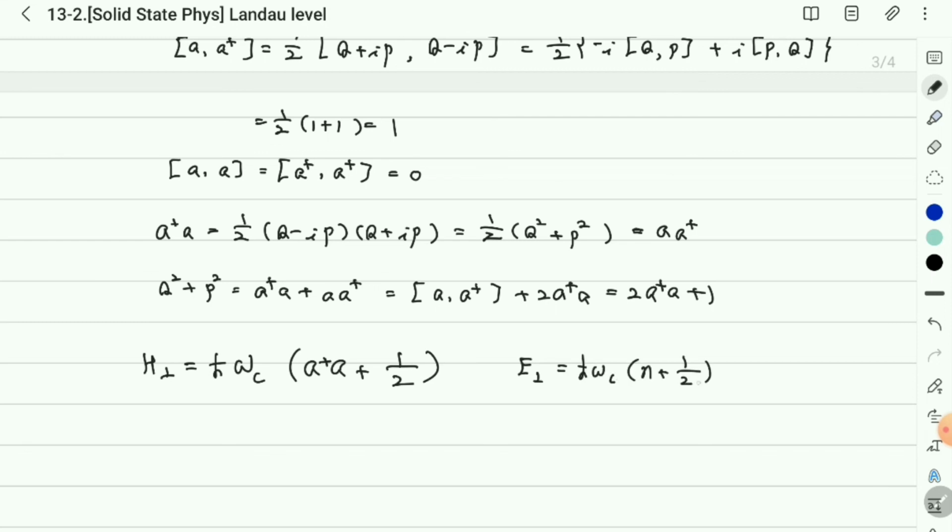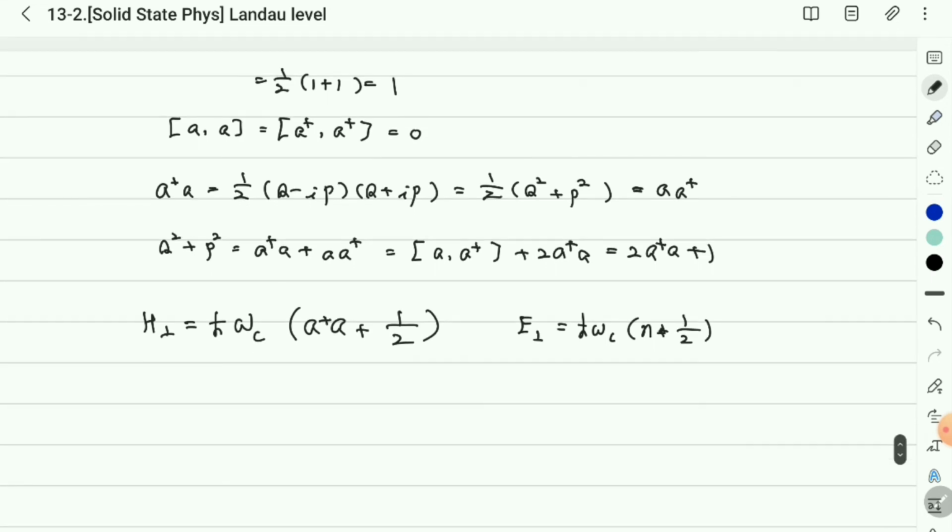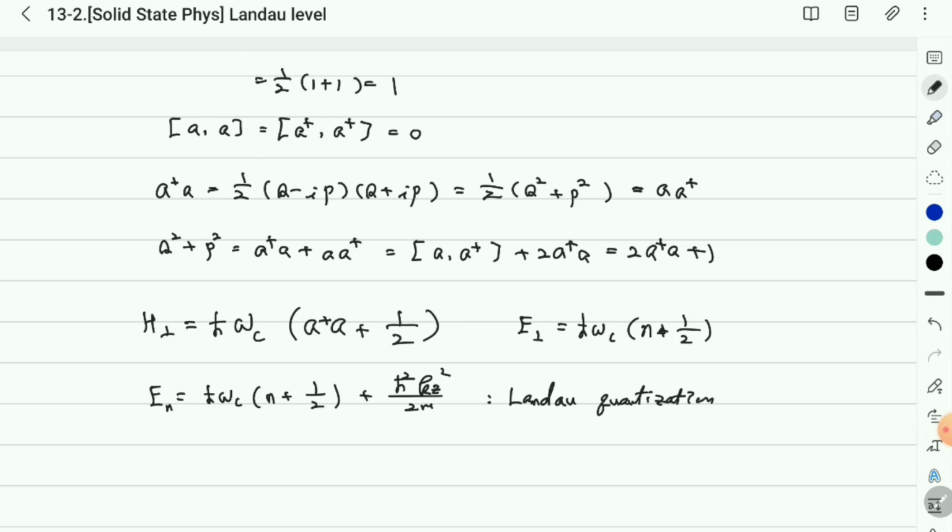It is a quantum mechanical description. Therefore, the energy is h bar omega c (n plus 1/2) plus h bar squared kz squared over 2m. We call this Landau quantization, and we call these the Landau levels.